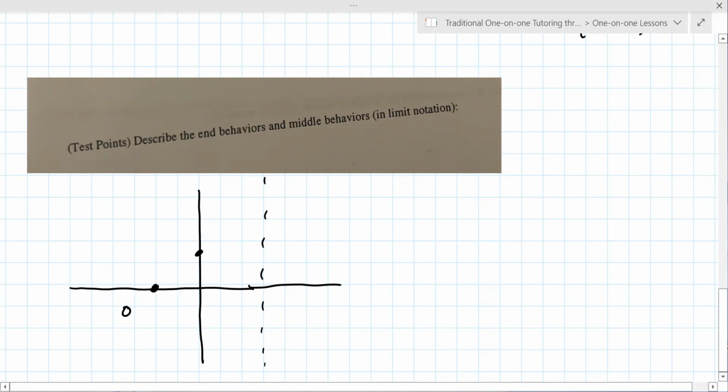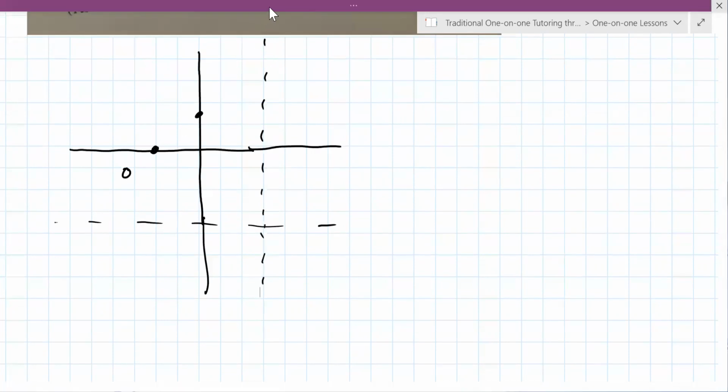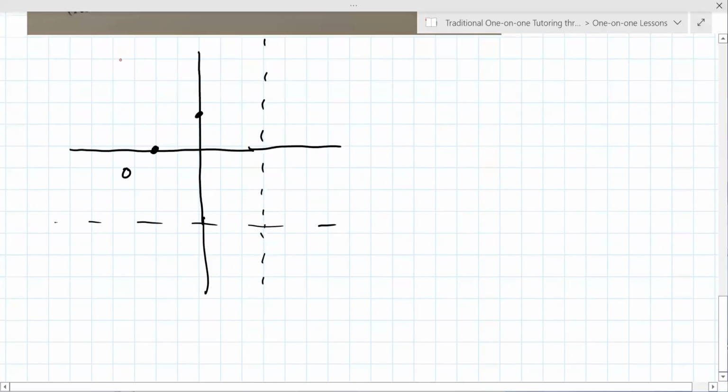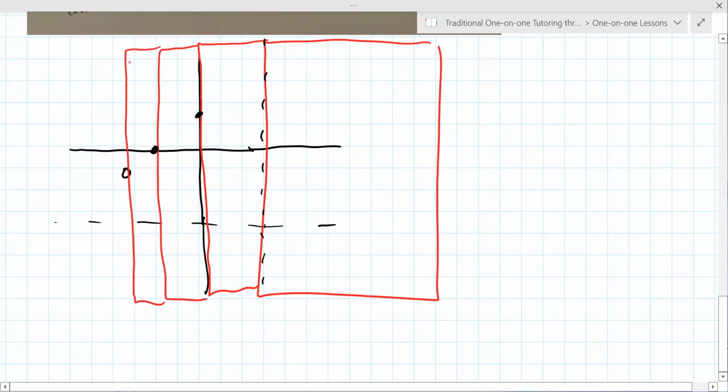And we had a vertical one down here. So the problem is that you have all these regions that you're supposed to look at. For example, this is a region over here that you're supposed to test a point in. You're really supposed to test one here, test one here, test one here, and then test one here. And it becomes kind of obnoxious because it's a lot of testing, but that's what you're supposed to do.